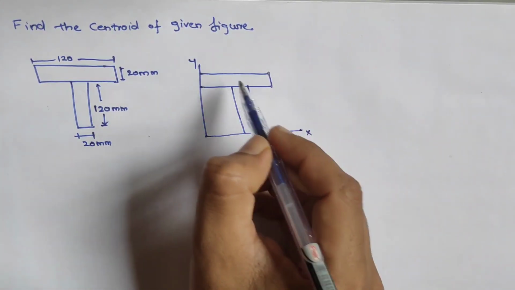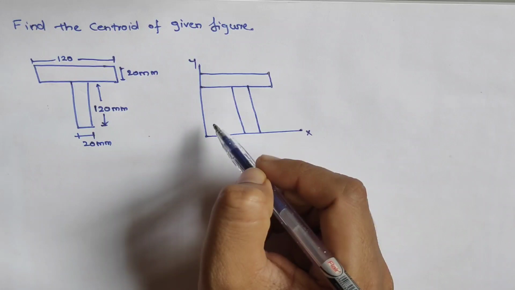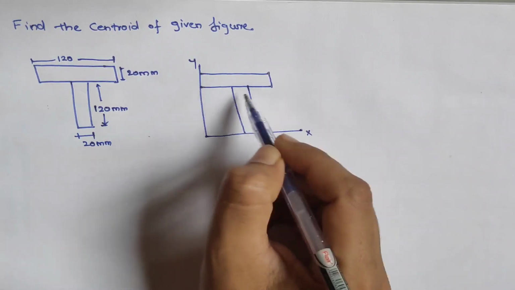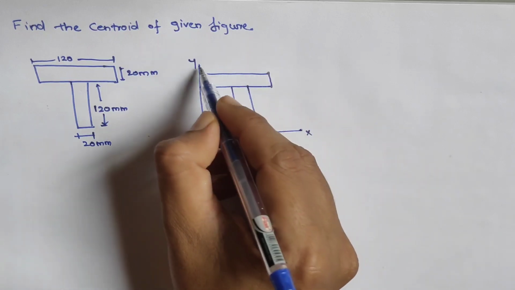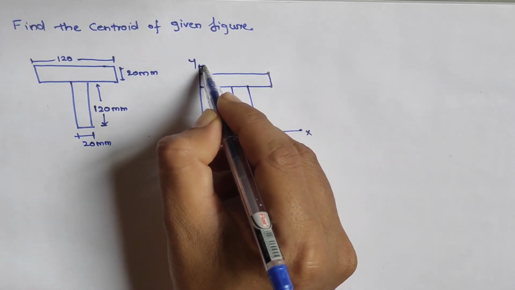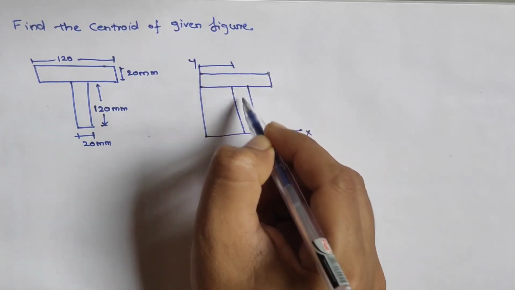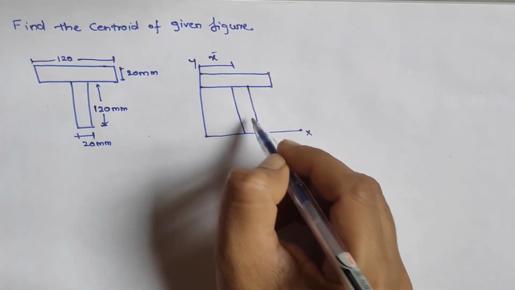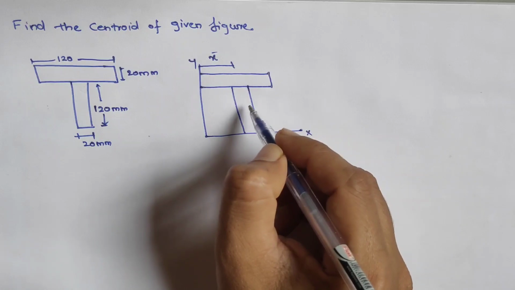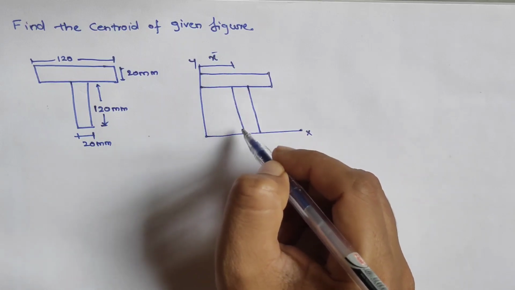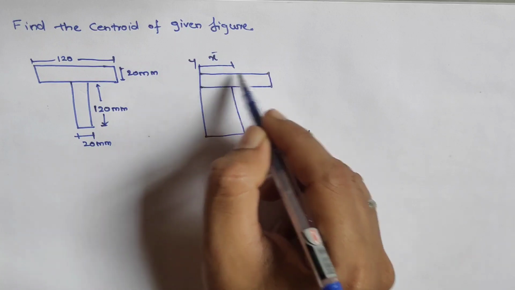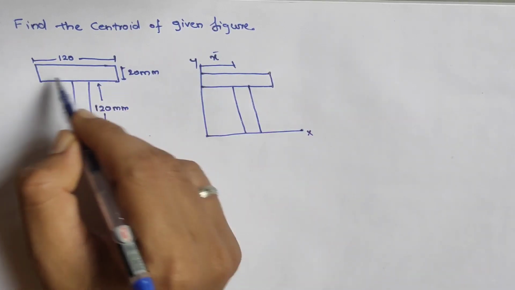Now we have to find x bar and y bar. We know that x bar is nothing but the x coordinate of the centroid. So x bar will always be at the center of this figure. This is x bar, and we don't know where y bar is because the CG is not determined yet. But x bar we can determine because it will be half of this top flange.